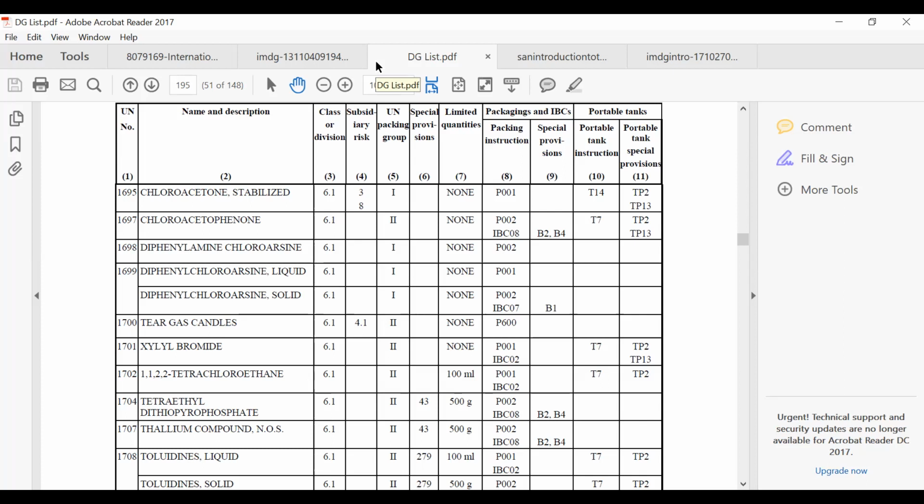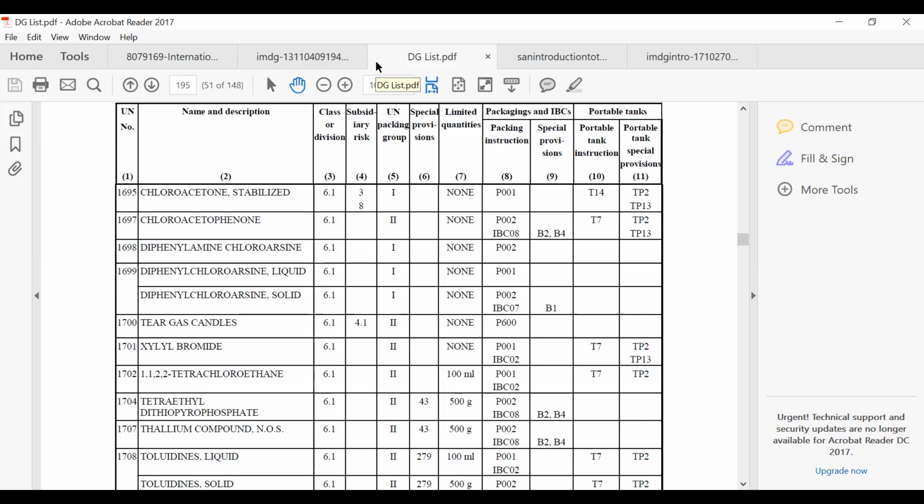Packing group 1 shows it's most dangerous, packing group 2 shows it's of medium danger, and packing group 3 shows its least danger. So when we're dealing with a packing group, not everything has one, but the ones that have a UN packing group, we will see them in their DG list.